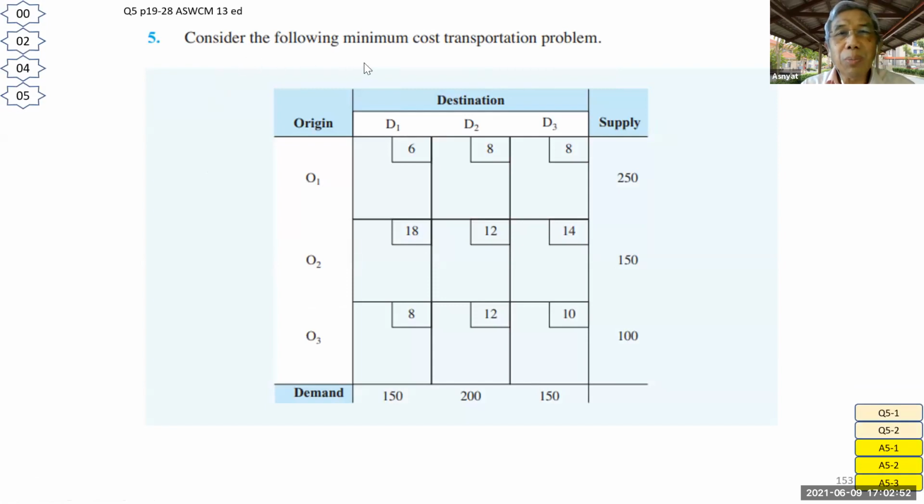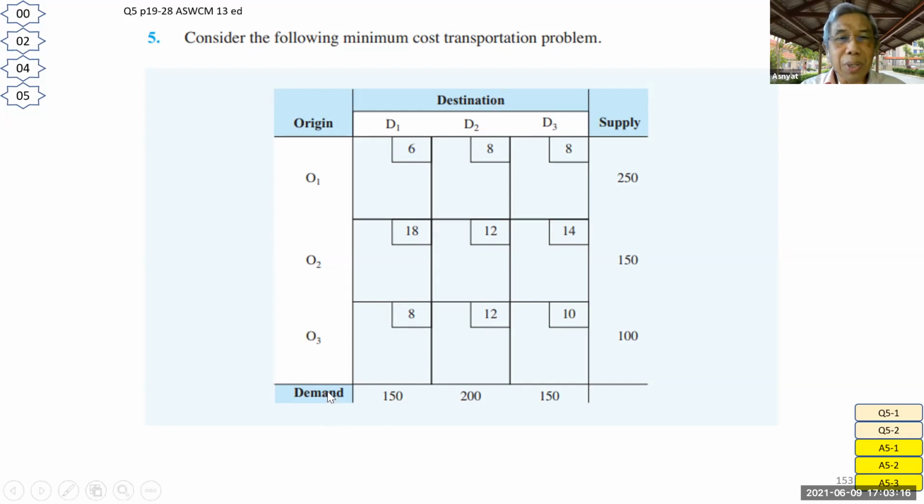Consider the following minimum cost transportation problem. Of course, in transportation, mostly we look for minimizations. You are given 3 origins: origin 1, origin 2, origin 3, and destination 1, destination 2, destination 3.